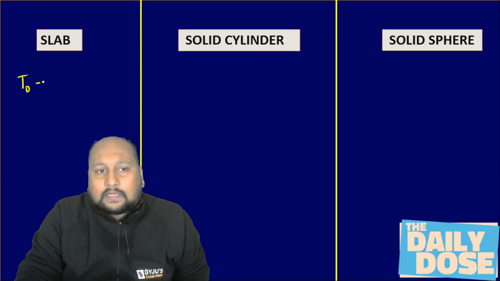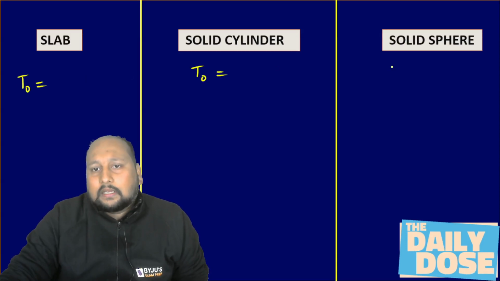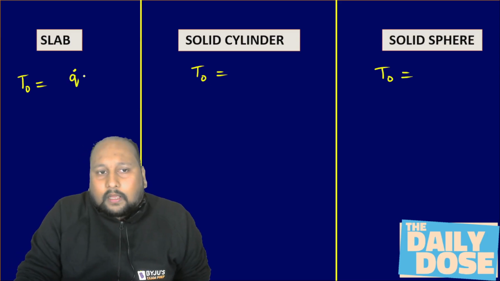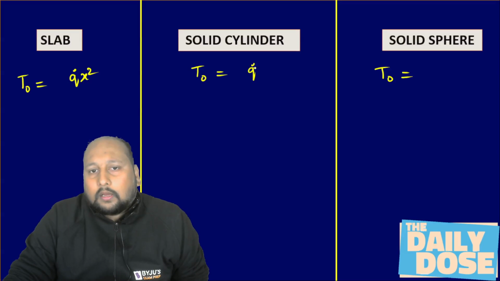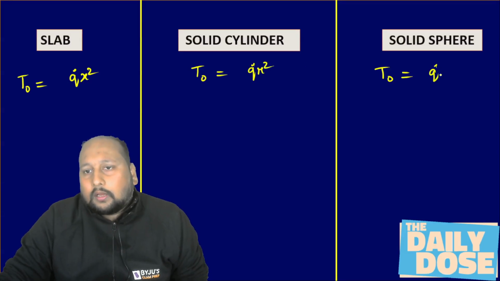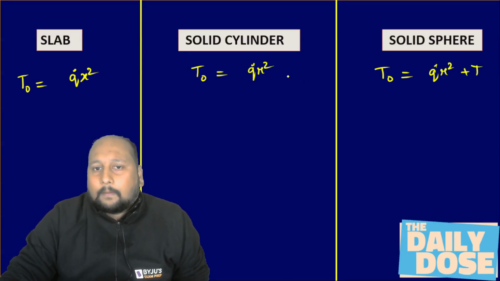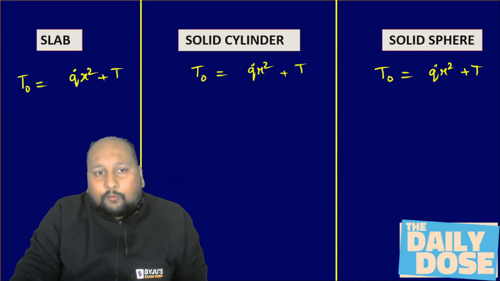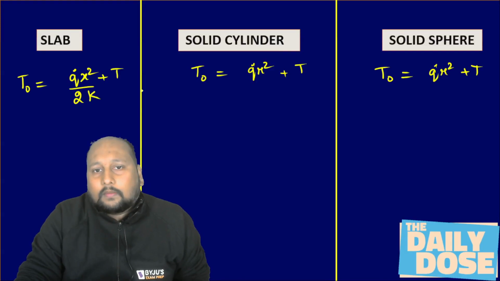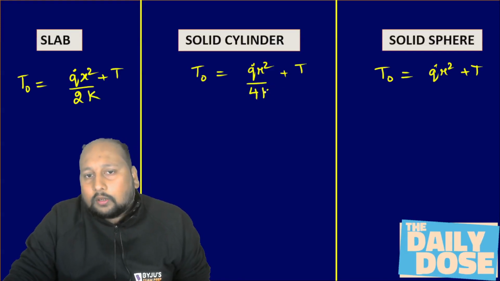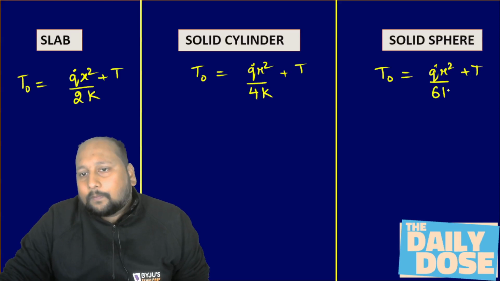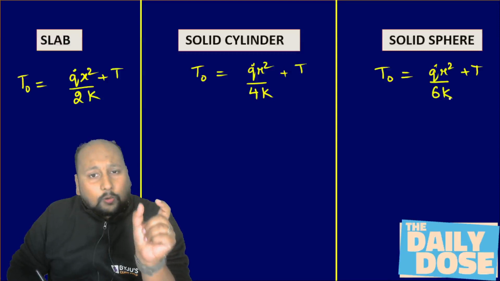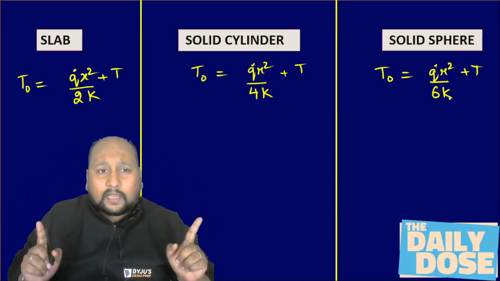So T naught is equal to, for all three cases, q dot x square, q dot r square, q dot r square plus TW, right? Now in slab we will be using 2, in cylinder we'll be using 4, in sphere we'll be using 6. That means in slab, solid cylinder and sphere we'll be using 2:4:6. A simple technique to remember.